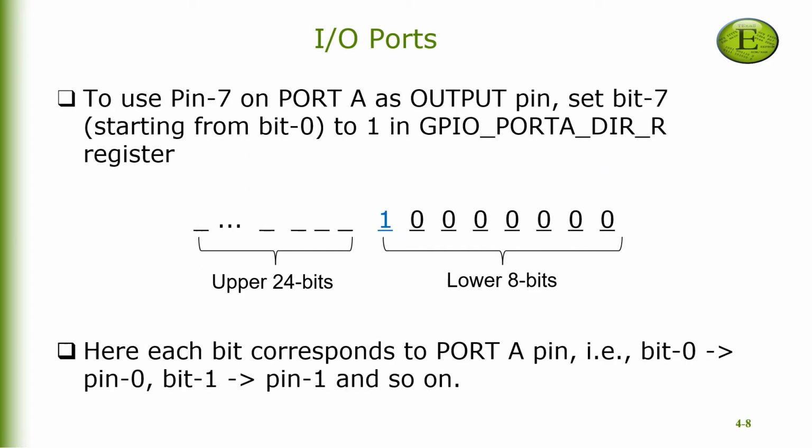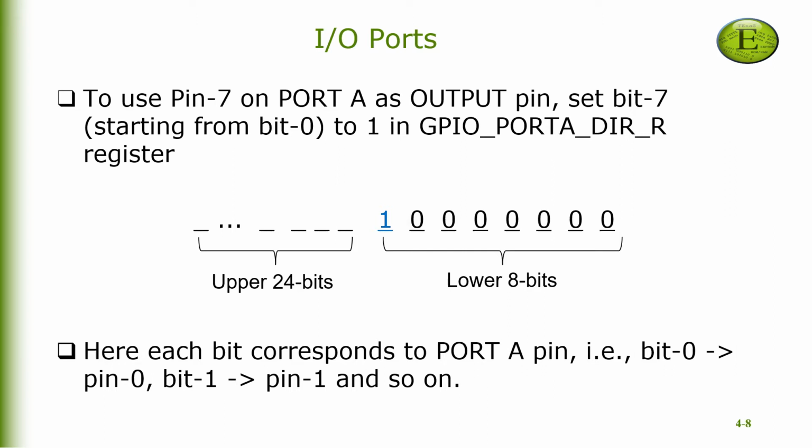Another example is that of the direction register that we write to for setting the port or some of its pins, either for inputting the data or for outputting the data.